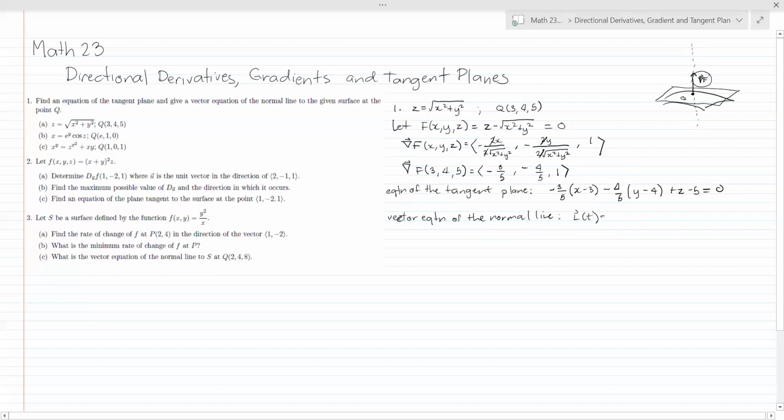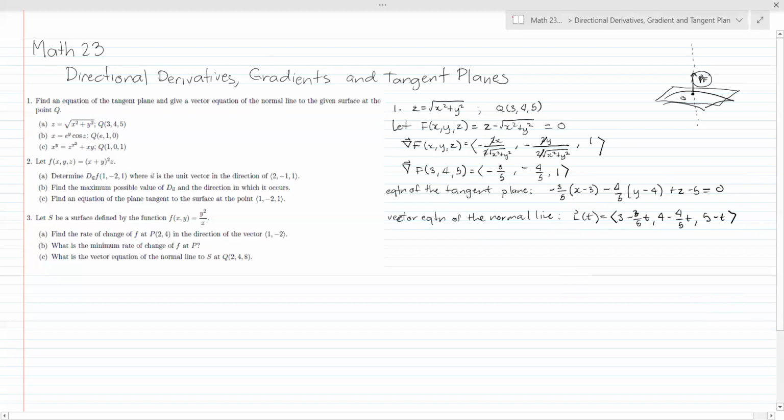L of t equal to the point and then yung component minus 3/5 t, 4 minus 4/5 t, and then 5 minus t. Okay, so ayan, just from the gradient. So mukhang madali naman, ano? So let's try number 2.